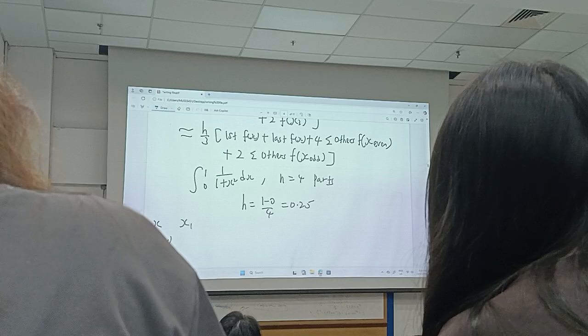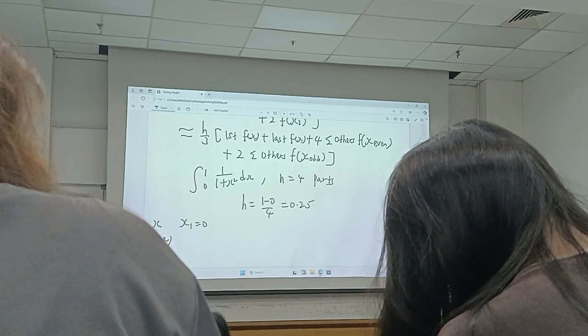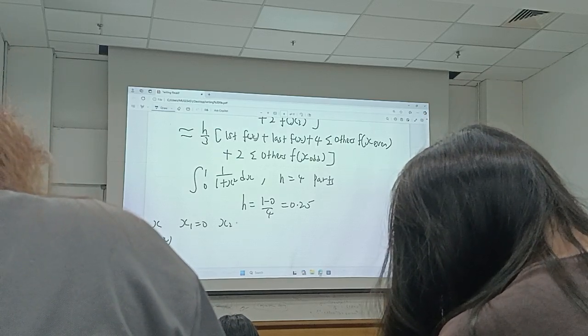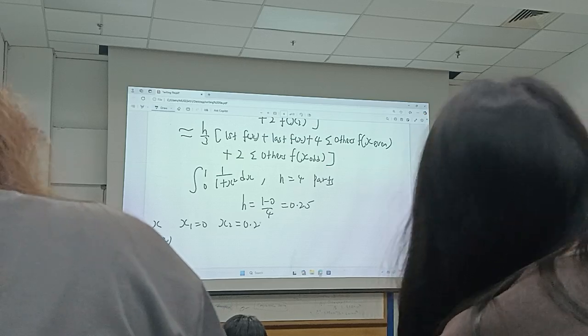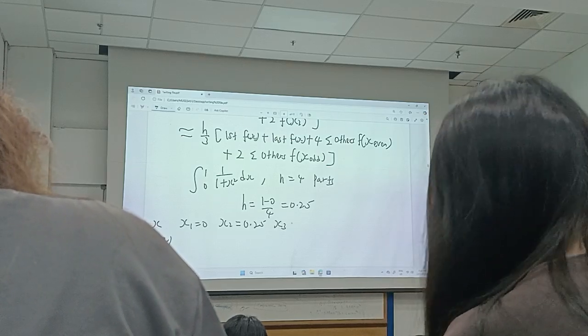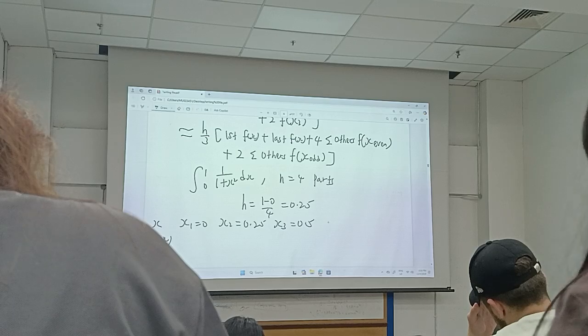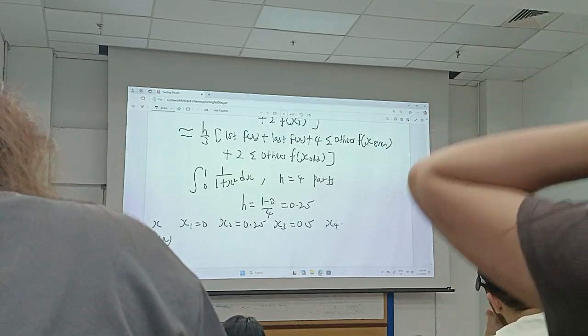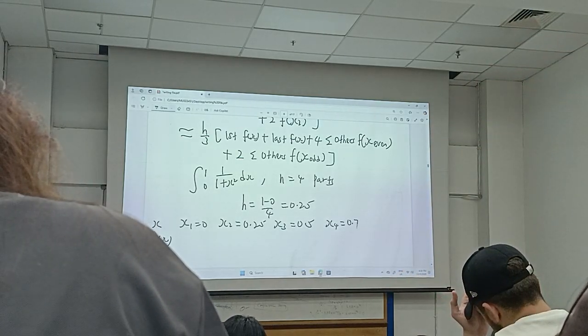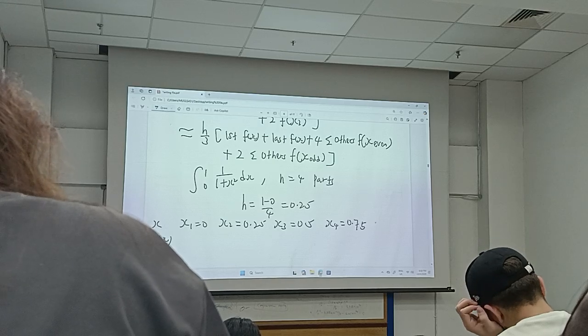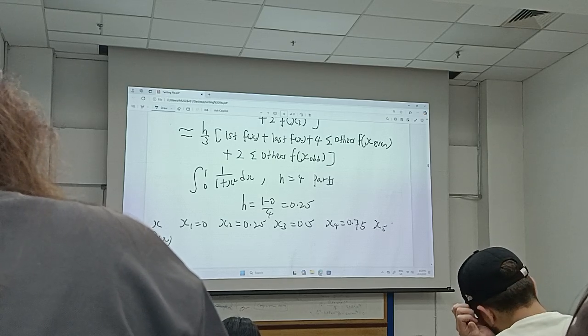Okay, so s1 equal to 0, s2 equal to 0.25, s3 equal to 0.5, s4 equal to 0.75, s5 equal to 1.